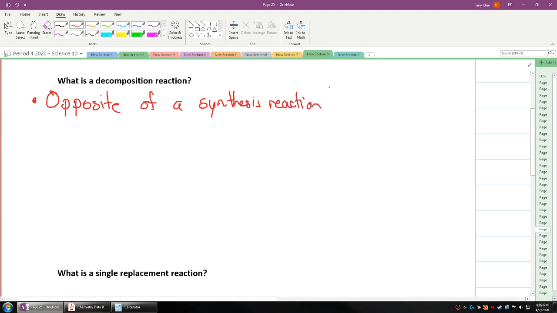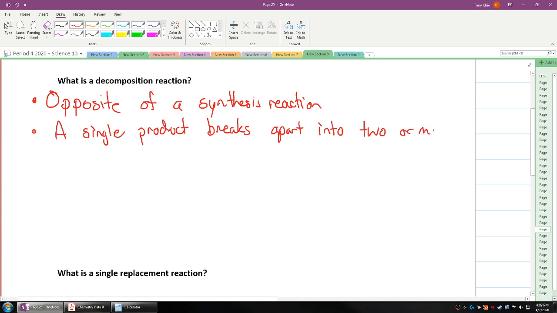So what this means is a single product breaks apart into two or more reactants. That is the opposite of a synthesis.